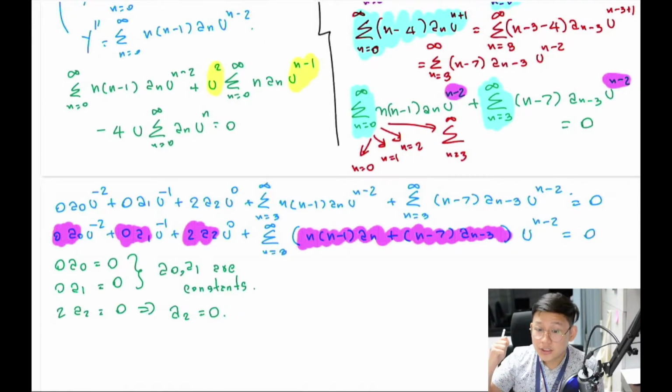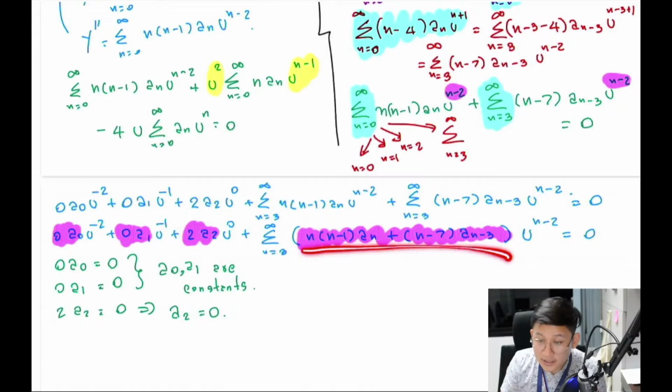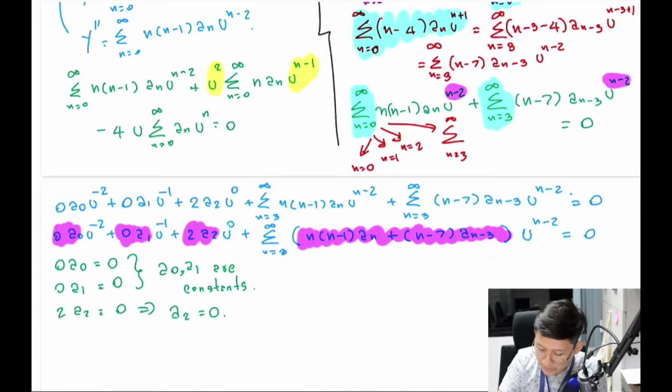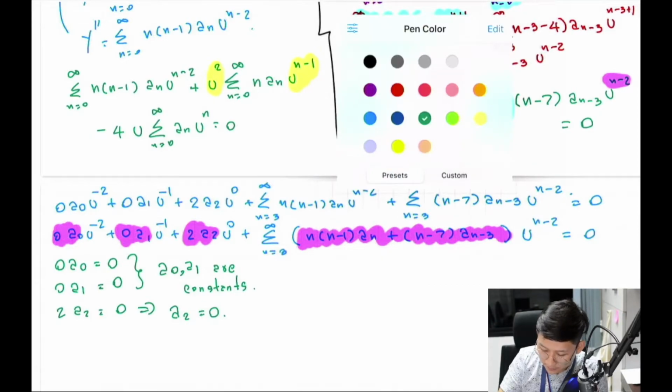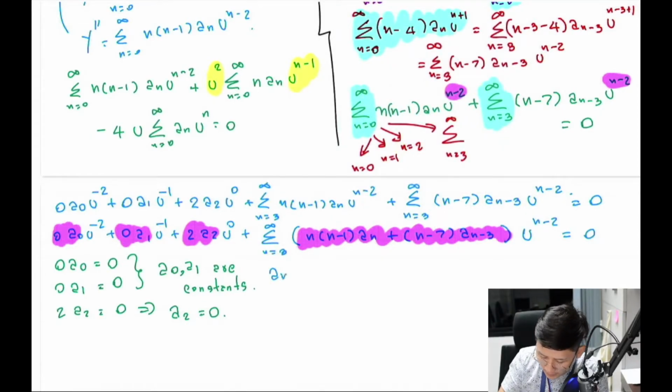a2 is 0, and here we get the recurrence relation, right? Which means that a_n is, I move this to the right hand side, because this whole thing is 0.